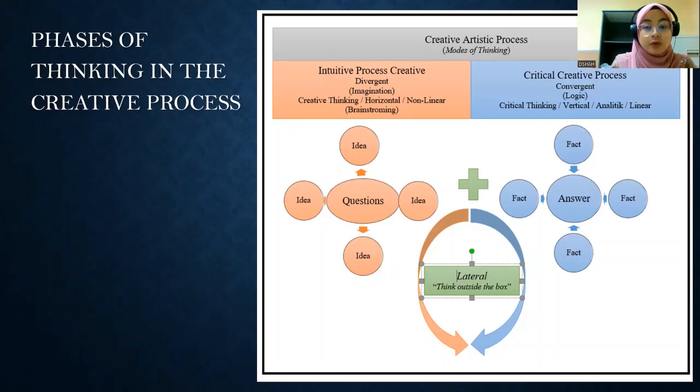This is where the literature review always comes in, the reading part, where you have the knowledge of the facts that will give you the answer, where the answer is answering the question in the intuitive creative process that gives you the ideas. When these two combine, it is called lateral thinking, which is thinking outside the box.